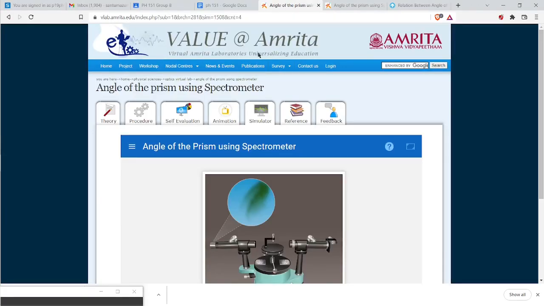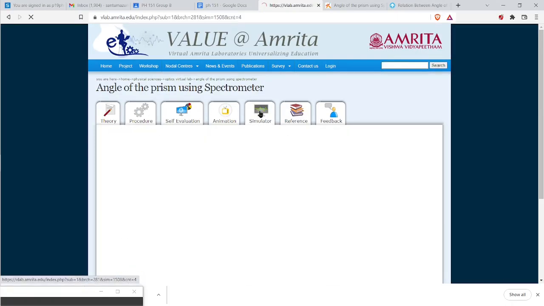So here is my virtual lab. Here this is written as angle of prism using the spectrometer: theory, procedure, and finally the simulator.